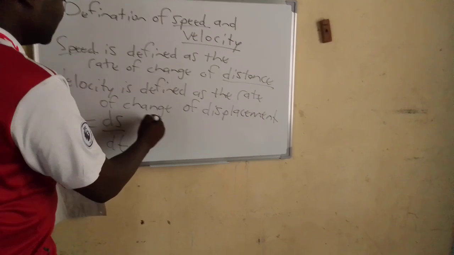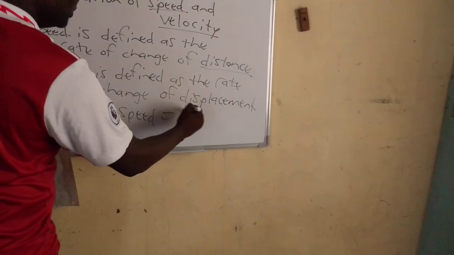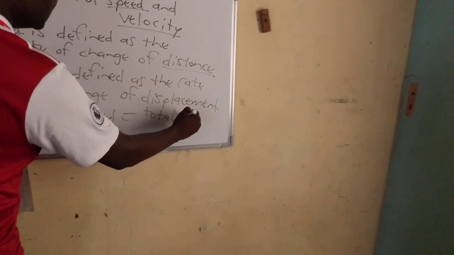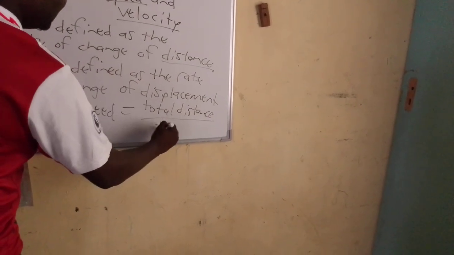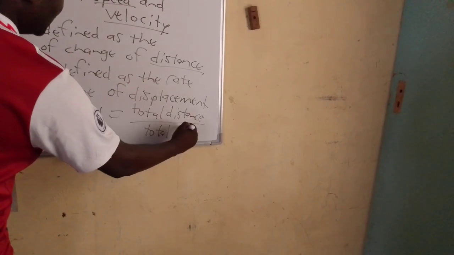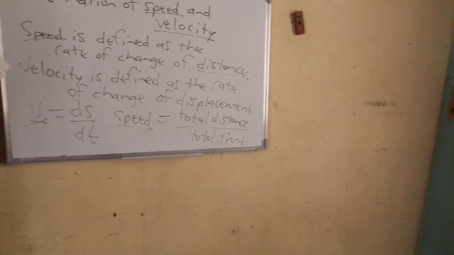Speed is simply equal to total distance over total time taken. So speed is a scalar, velocity is a vector quantity.